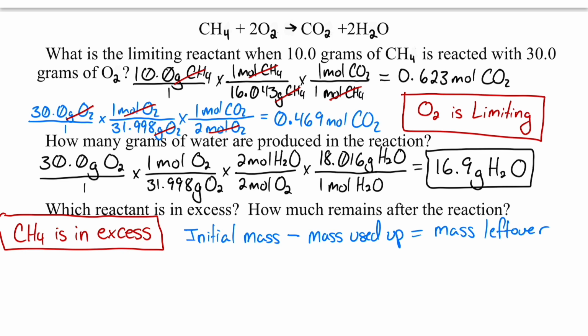So it's going to take us a couple of steps to do this. The first thing I'm going to do is just calculate how much was used up in the reaction. To figure that out, I need to again start with the limiting reactant, O2. Anytime we want to know how much was used in a reaction or produced in a reaction, we have to start with our amount of limiting reactant. So I'm going to start with my 30 grams of O2 and convert that to mass of methane.